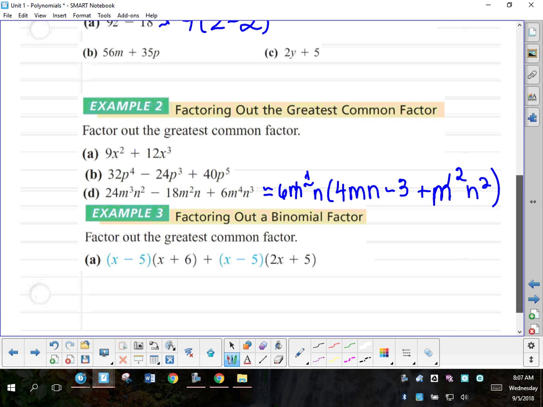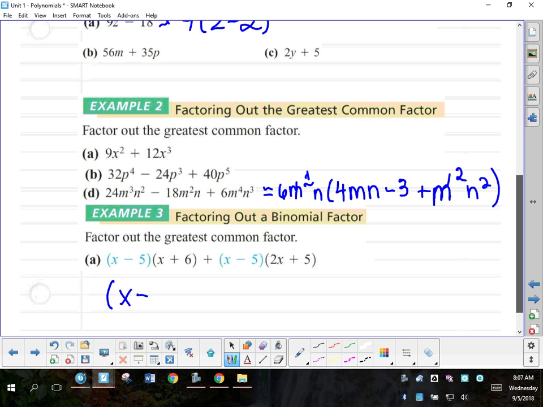How about 3A? This one's probably a little bit tougher than what you've done before, but actually not by that much. What's the GCF in 3A? Hands up, please, if you can tell me. Go ahead. X minus 5. So I'm going to factor that out or divide it out.